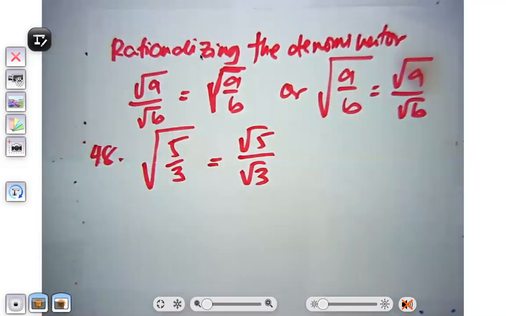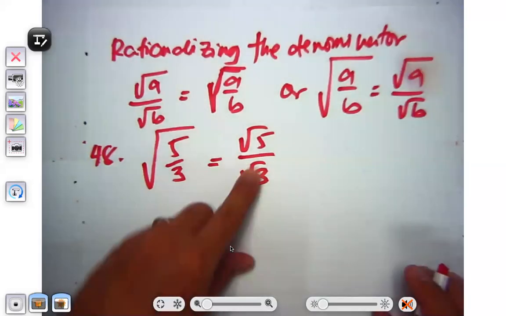So I repeat, rationalizing the denominator means we must get rid of the radical in the denominator. So for 48, you have square root of 5 over 3. We can rewrite that as square root of 5 over square root of 3.